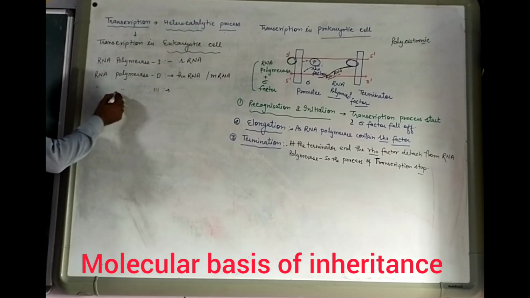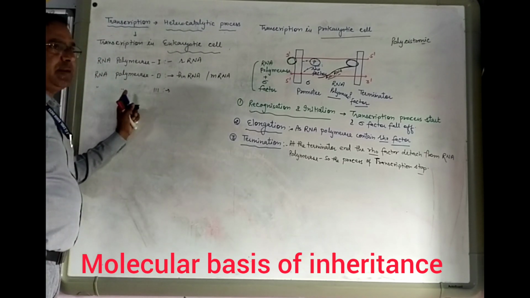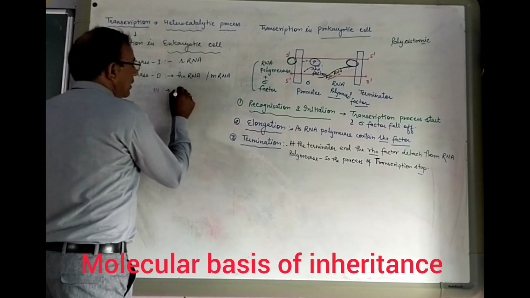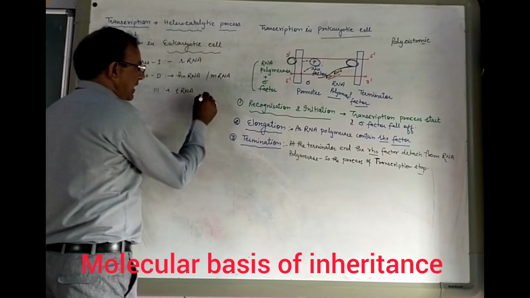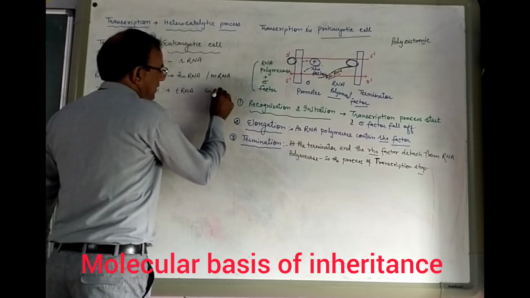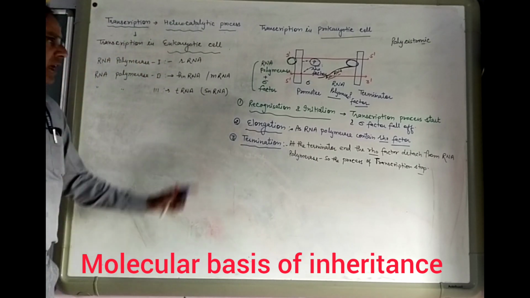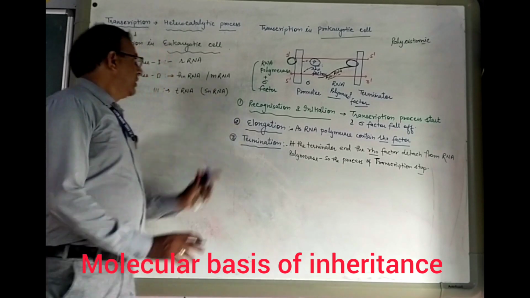And RNA polymerase 3 synthesizes one strand of DNA into tRNA. It has many units such as snRNA. snRNA is called small nuclear RNA. scRNA, and many more.